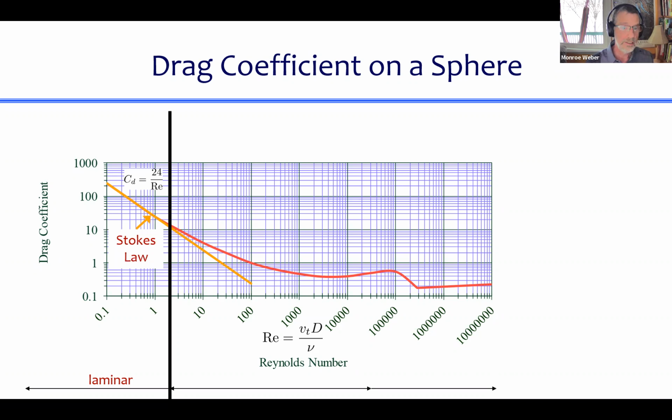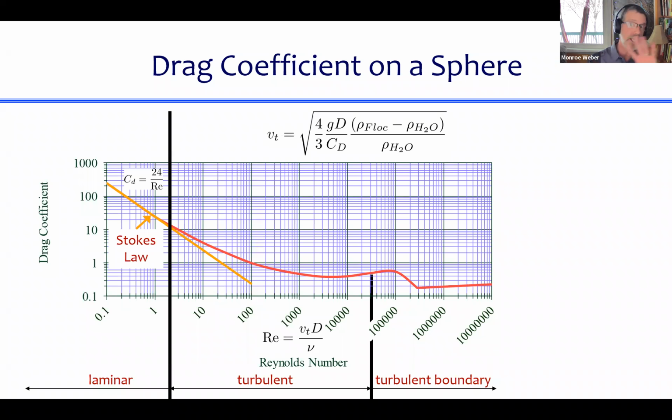And just like on pipes where 64 over the Reynolds number showed up as this nice relationship for f, for laminar, here the coefficient of drag is 24 divided by the Reynolds number. So another beautiful, simple relationship. And that means that we have two different equations that we can use.